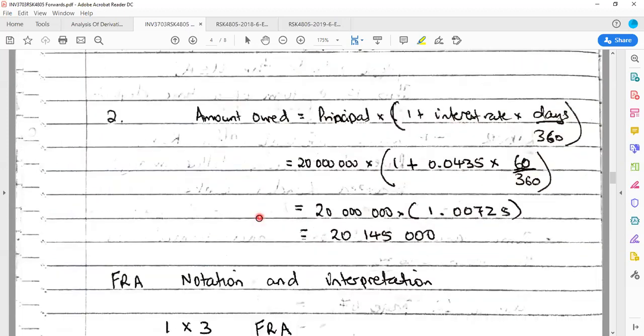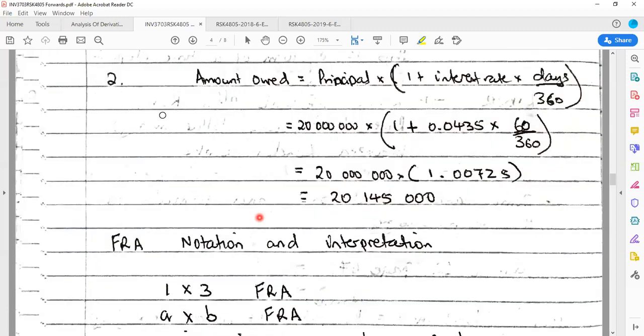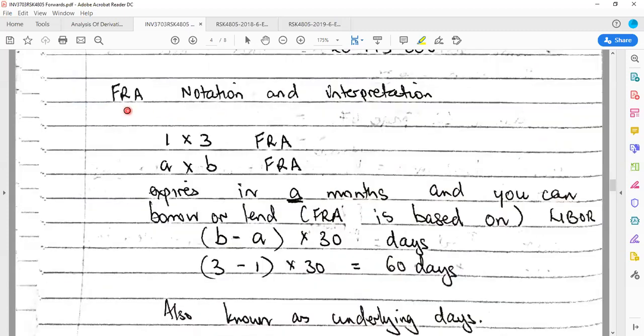So let's continue with forward rate agreements, okay? With forward rate agreements, you also have to know FRA notation and interpretation, right? We are now back to the interest rate forward rate agreements we were talking about. Sometimes you can get a notation where you have one number over another number. They can say it's a 1/3 FRA contract, a 1/3 forward rate agreement.